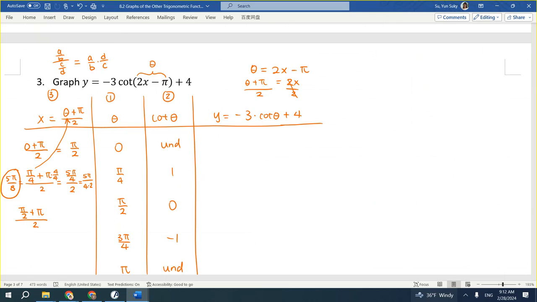What's pi over 2 plus pi? Yeah, 3 pi over 2. And when you divide it by 2, this 2 will multiply the denominator. So we get, good, 3 pi over 4.